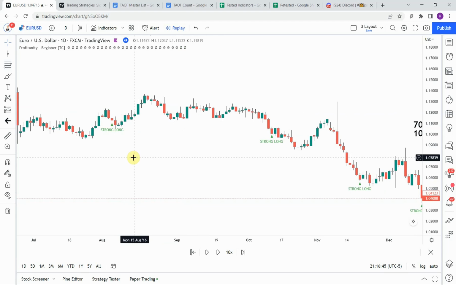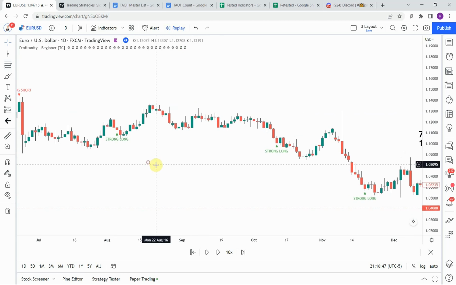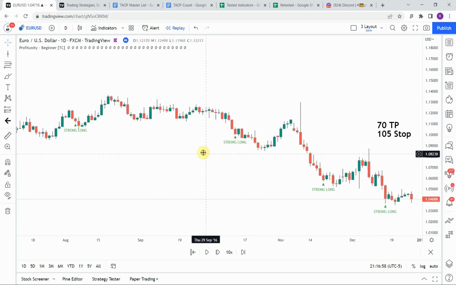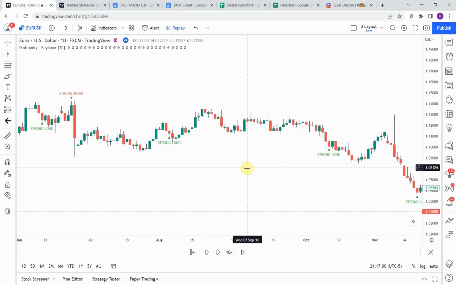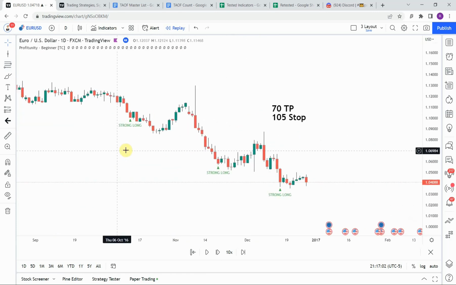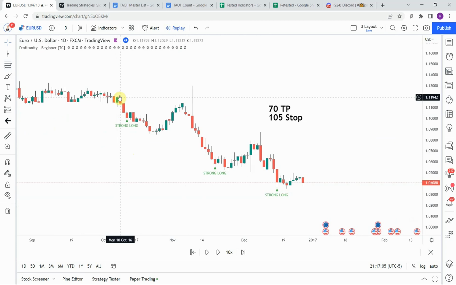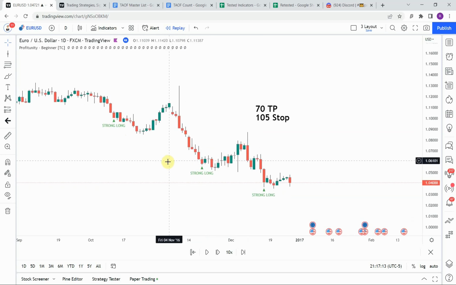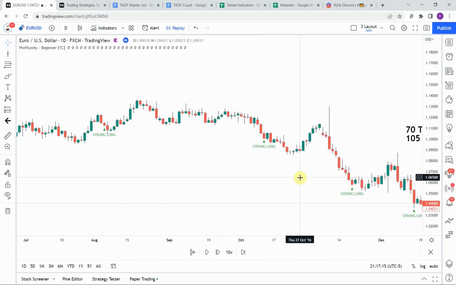But basically there is a set criteria of candles and such that come together to form a specific pattern that then gives us the strong long and strong short signals. And so instead of us having to identify those ourselves, the labels here identify those for us. Once all the criteria is met, then it does fire off these signals here.